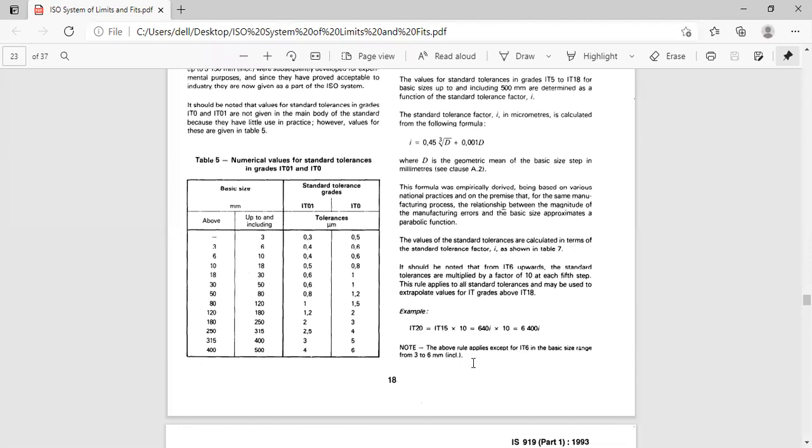So here you just try to note this particular rule will be applied except for IT6. Except for IT6 in the basic range from 3 to 6 mm. Only 3 to 6 mm basic sizes it is applicable, this formula. So don't apply this formula for everything.